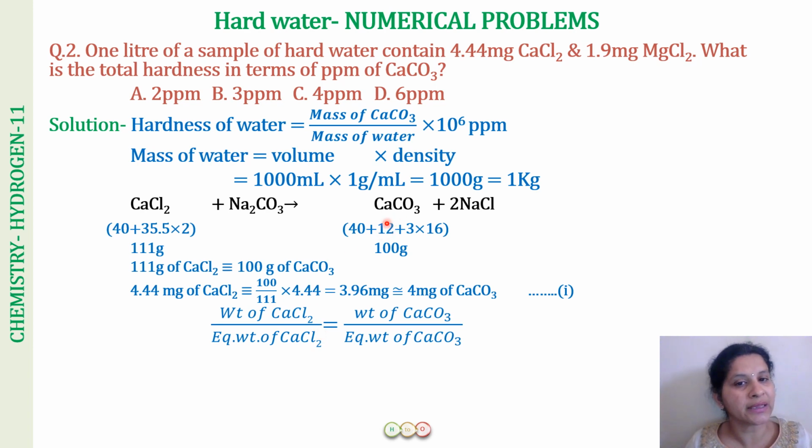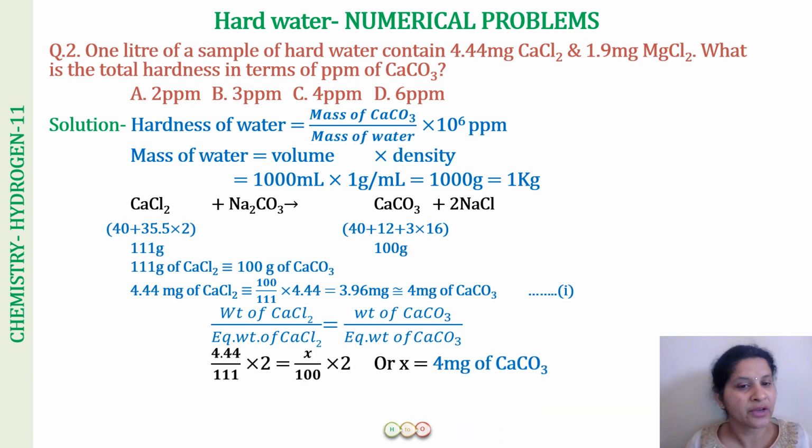How are we going to get that? Weight of calcium carbonate over the equivalent weight of calcium carbonate. So put down the values. The weight of calcium chloride is given to us as 4.44, right? Equivalent weight is going to be molar mass by Z, so this is going to be 111 divided by 2. This will go on top, so this will be multiplied by 2.